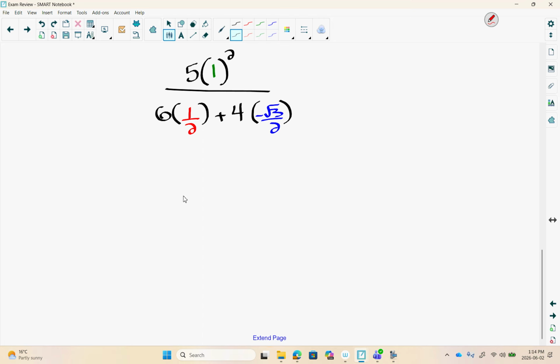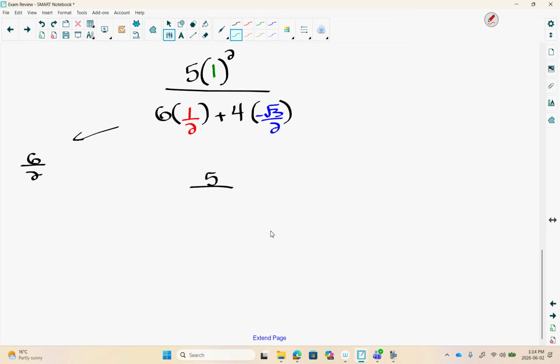What's 1 squared? 1 times 1. 1 times 5 would give me 5. What's 6 times 1/2? Like you could do that over here. It's 6 over 2, top by top, bottom by bottom. What's it equal? What's 6 divided by 2? Let me check that. It's 3.